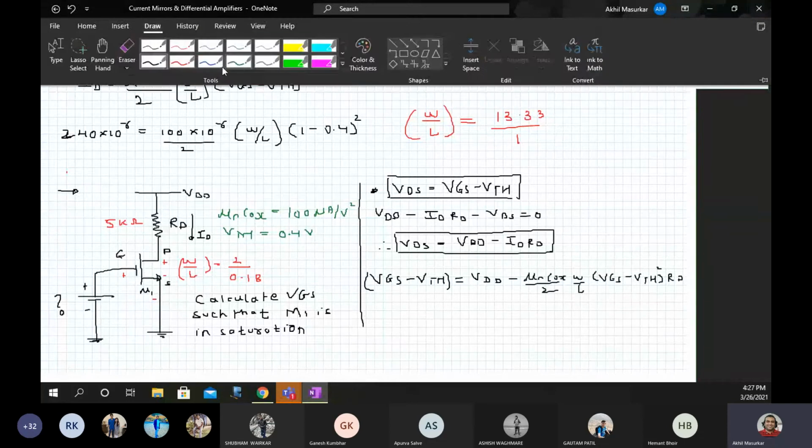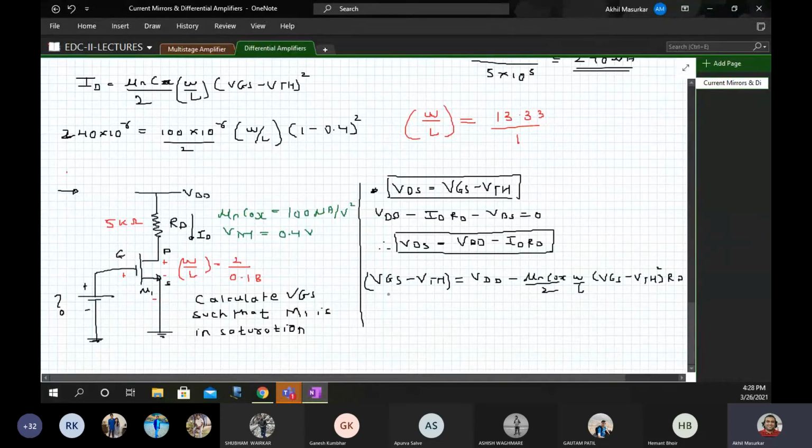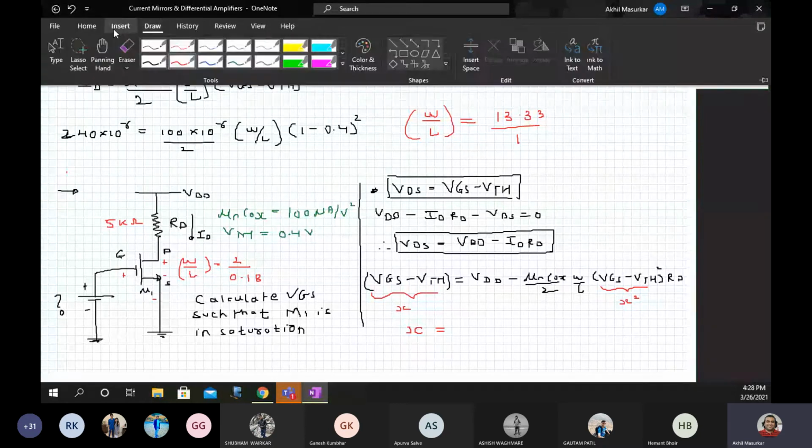So we can say that this is a quadratic in VGS minus VTH. This bracket can be looked at as x square, and this bracket can be looked at as x. So you calculate x first, and out of that you subtract VTH and get the value of VGS.